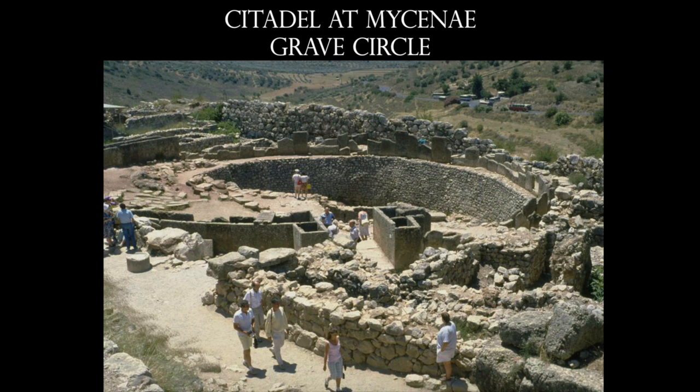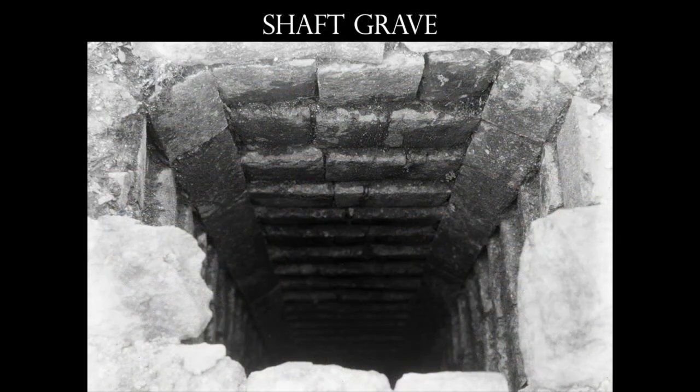As you enter the Lion's Gate, off to the right, that was where that grave circle was. And this is at the same time where those above ground tombs were also created. The above ground tombs were all looted, but these, what are called shaft graves, provide us with a lot of material from this ancient culture.